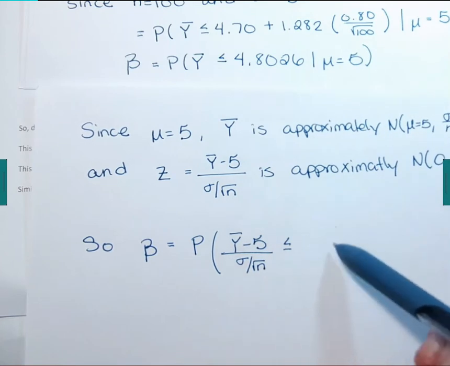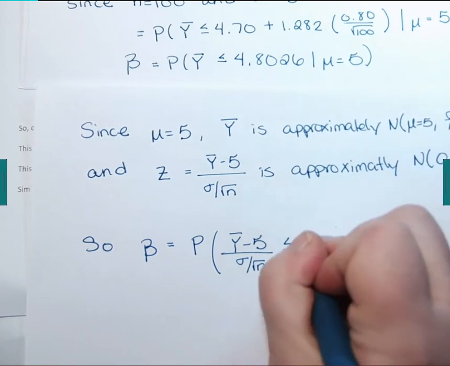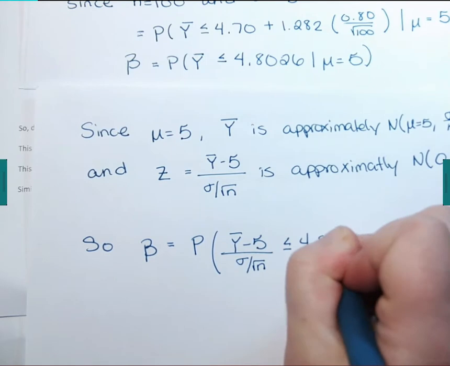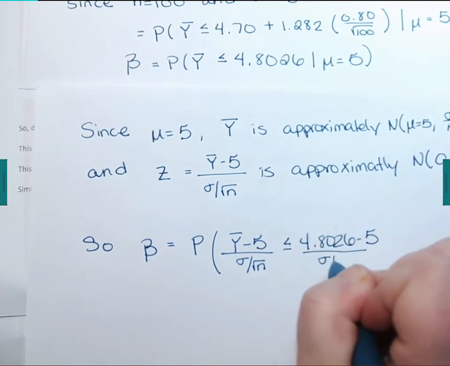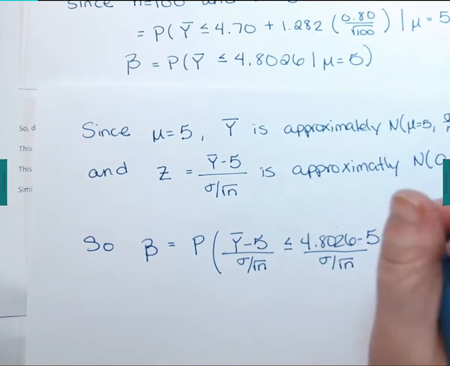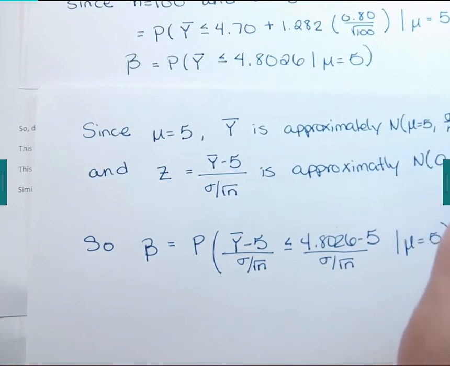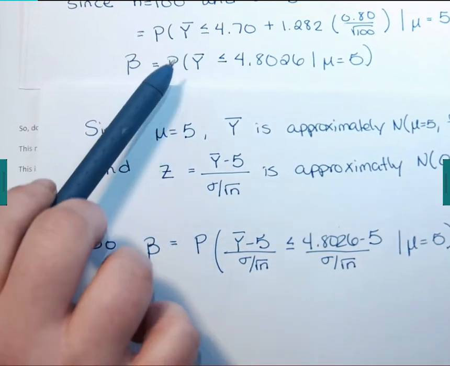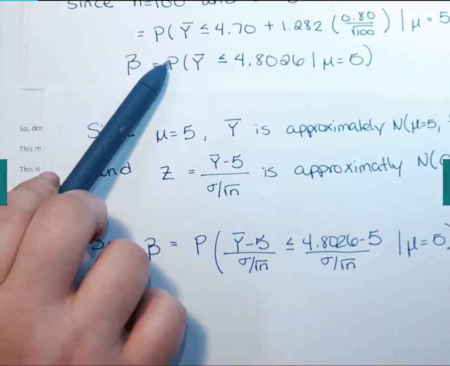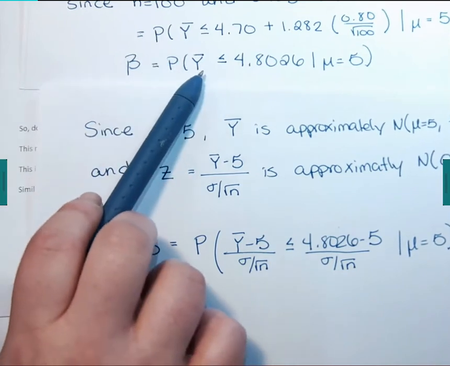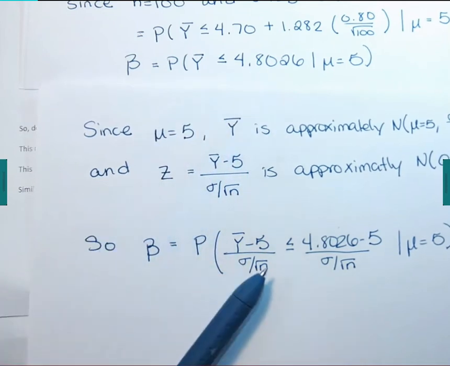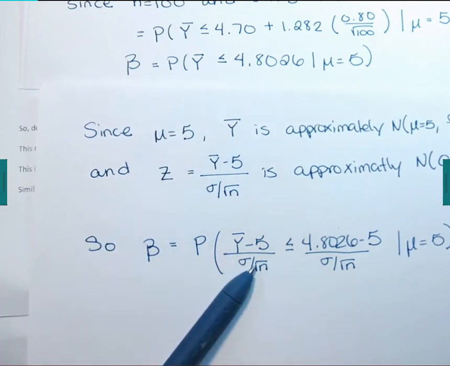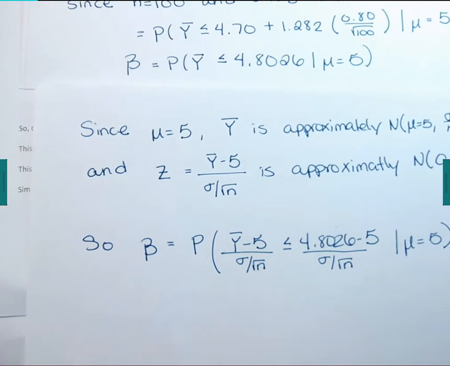So that's what I'm going to do on this side of the inequality, and then we're still given that mu is equal to 5. So this statement and this statement are exactly the same. The only difference is for this side and this side of the inequality, we're standardizing so that we're now going to have something that follows a standard normal here.